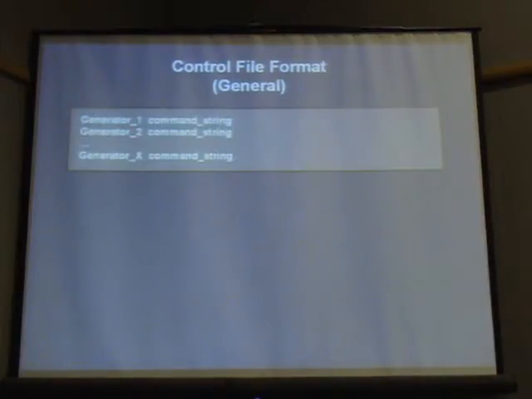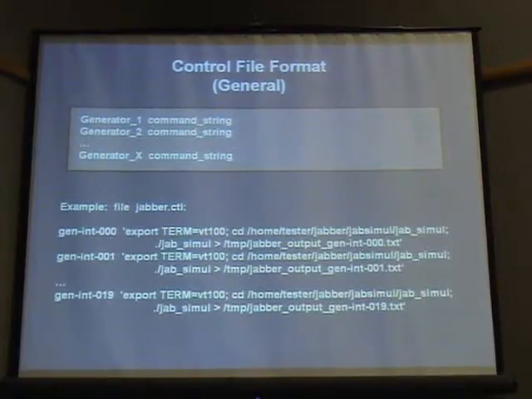Now for the control file, we'll look at it again in general. There's the generator host name, followed by a command string. Here's an example of a control file that I use for Jabber. And here's the case where I'm using the LoadGen framework to just run the Jabber simulator on multiple generator machines.